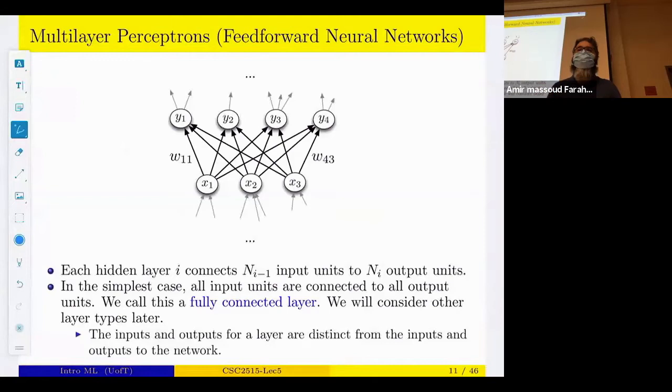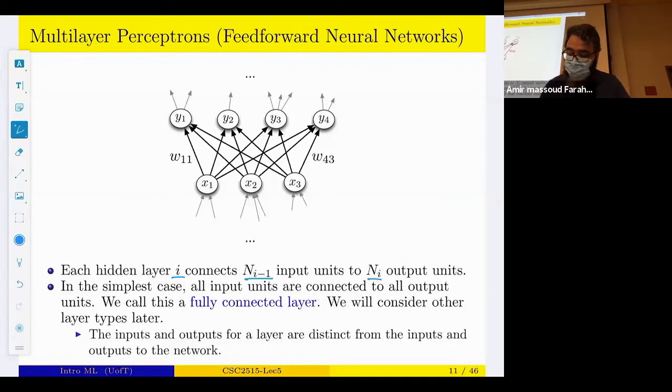Okay, so let's go through the architecture a little bit and look at it more closely. Each hidden layer i connects n_{i-1} input units to n_i output units. n_{i-1} and n_i can be different numbers depending on the architecture.